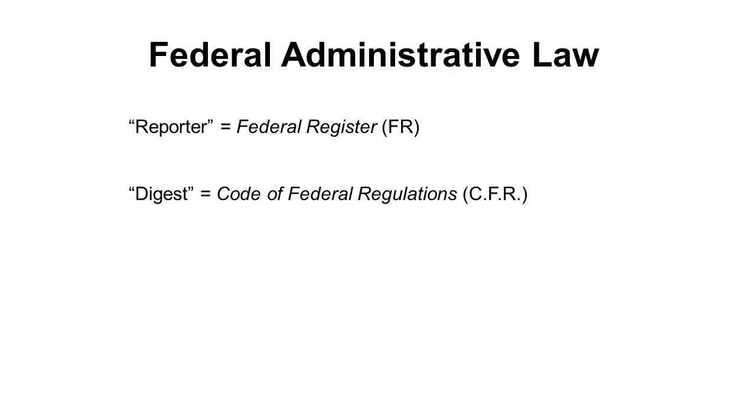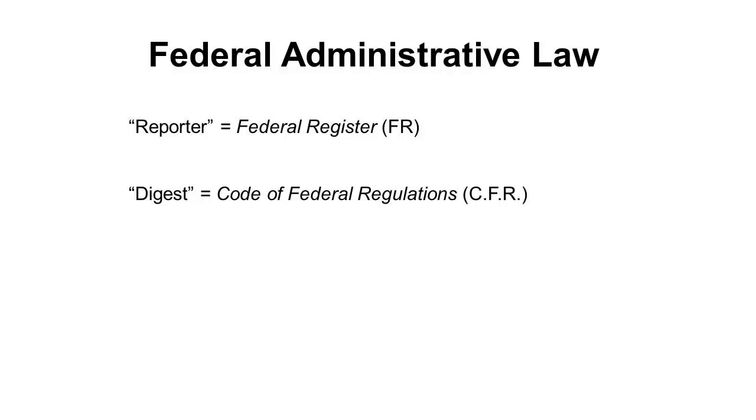And then the digest is the Code of Federal Regulations, which is abbreviated CFR, and that would be the series of books that organizes all of these administrative laws according to topic. So if we wanted to see, like, what are the FAA laws about air travel, we could look in a particular volume. If we wanted to see what are the FCC laws about running an AM radio station, we could look in a particular book of the Code of Federal Regulations.